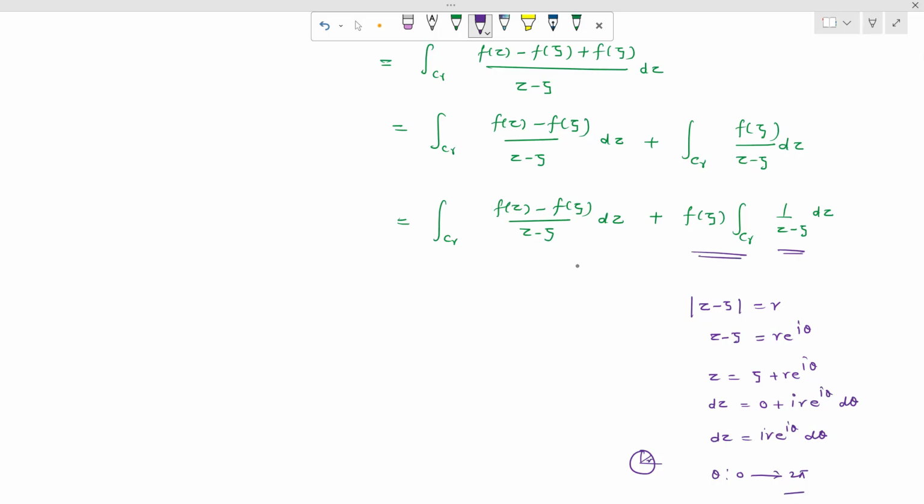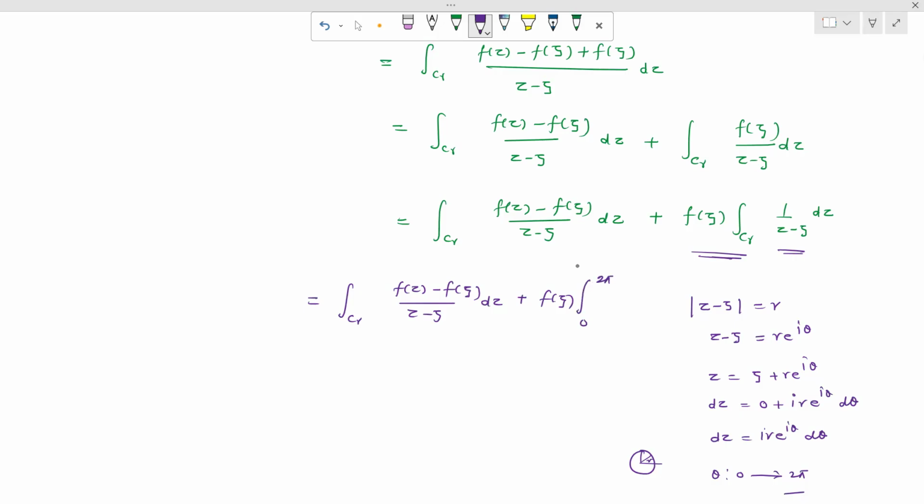अब सॉल्व कर रहे हैं इस इंटीग्रल को फर्स्ट. जब इस इंटीग्रल को सॉल्व करेंगे तो we can write down this as integral over C_R of (f(z) minus f(zeta)) upon (z minus zeta) into dz, plus f(zeta) times the integral from 0 to 2 pi.